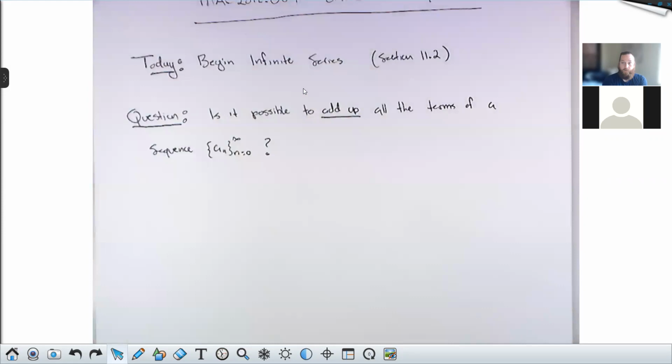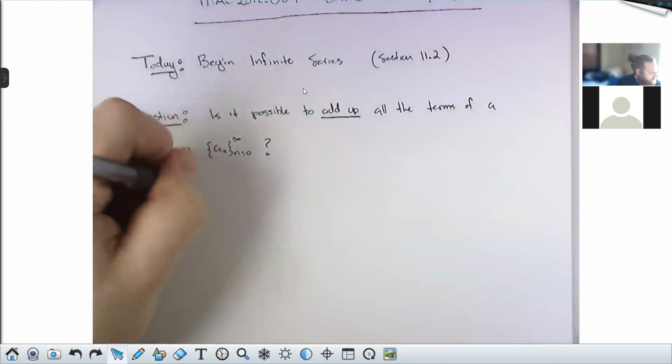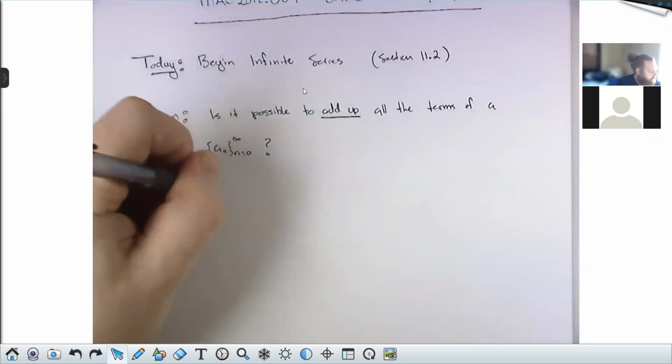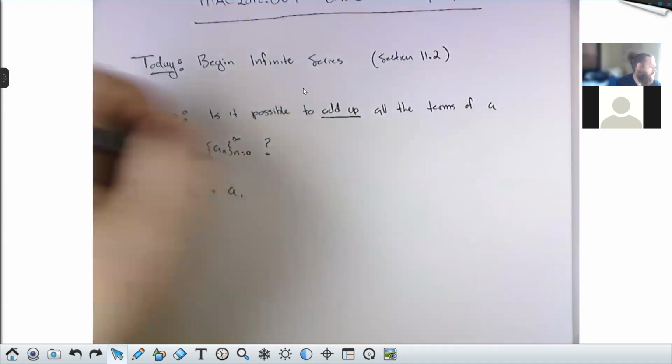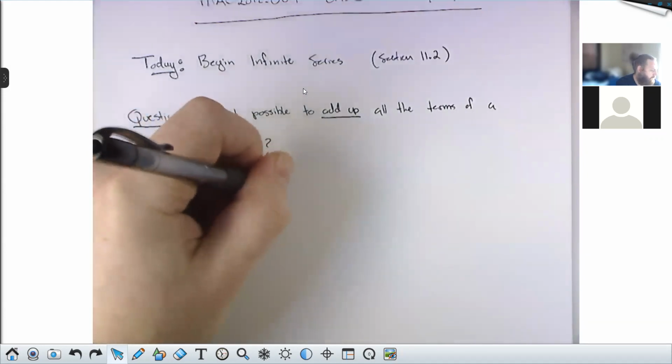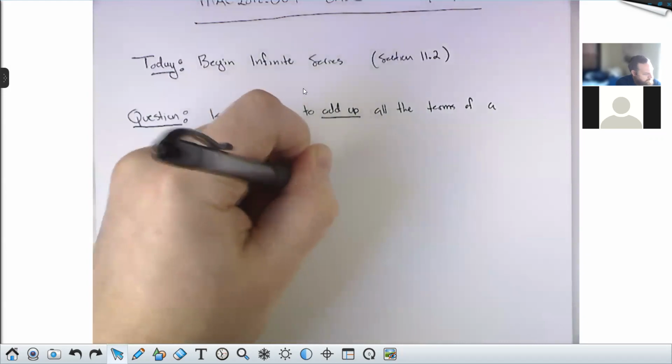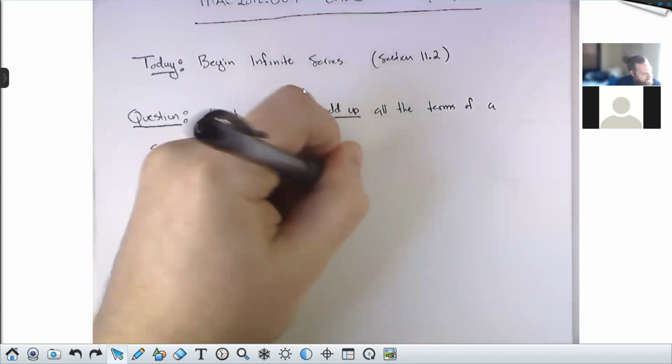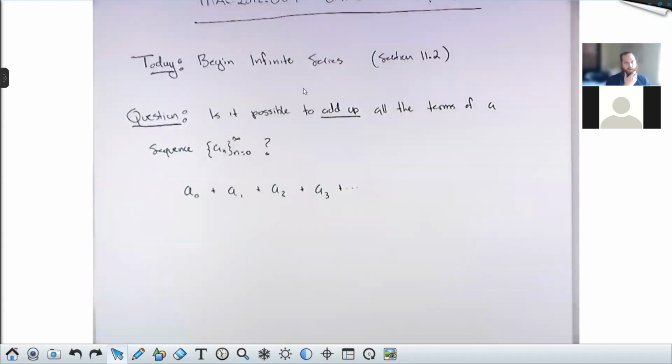So we know that that sequence a_n is an ordered list of numbers, right? That's what sequences are. And rather than listing them or trying to take their limit, what I'd like to do here is try to add them all up. So this would be something like a_0 plus a_1 plus a_2 plus a_3, and so on, forever and ever and ever, amen.